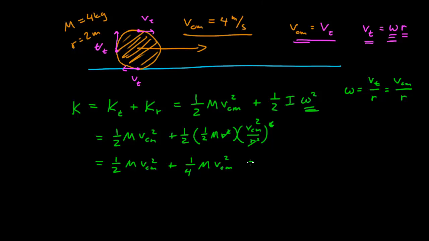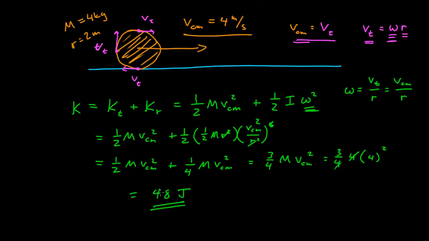Okay, and so then I can add these together, and get 3/4 mass times velocity of the center of mass squared, and if I plug the values in for that, 3/4, the mass is 4, velocity is 4 squared, I should get, let's see, the 4's cancel, 16 times 3, 48 joules.